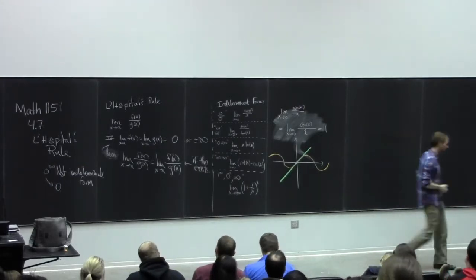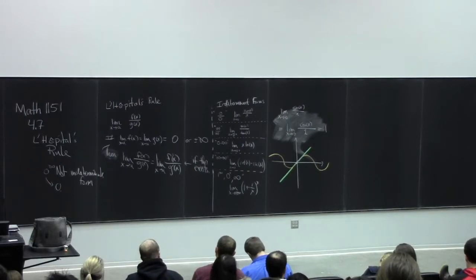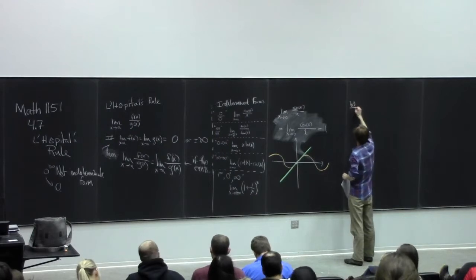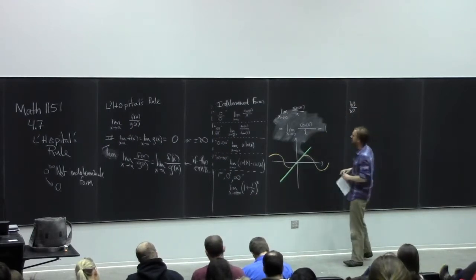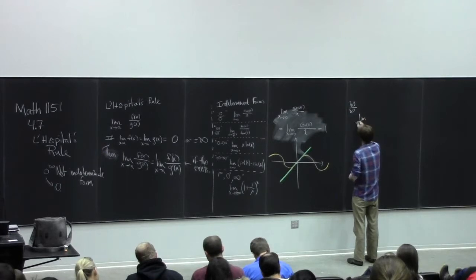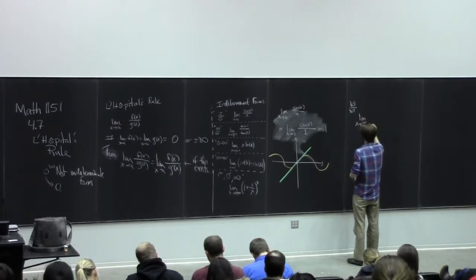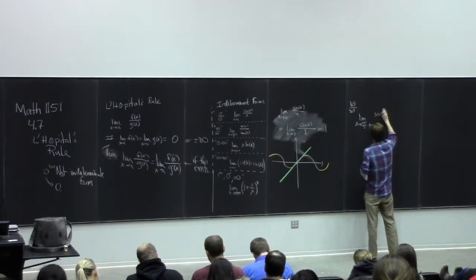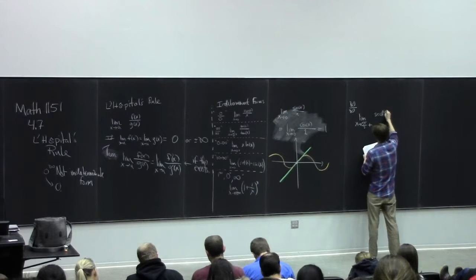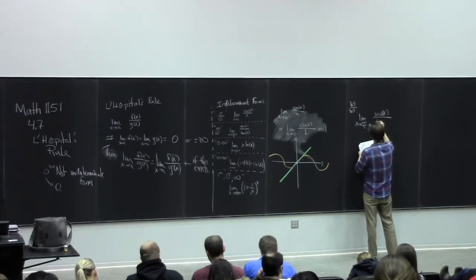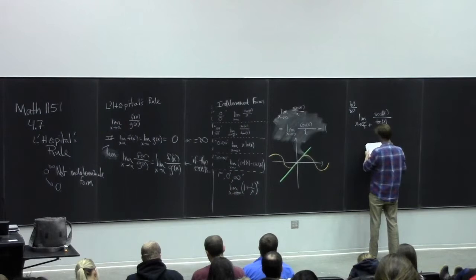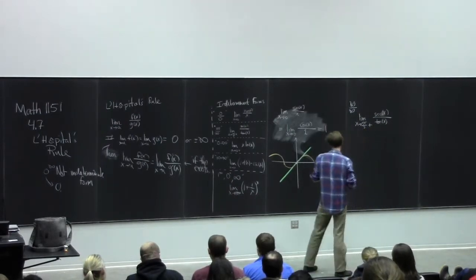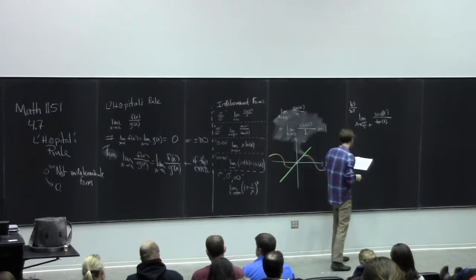Okay, so now let's do the next one. Let's do the infinity over infinity one, where it's the limit as x goes to pi over 2 from the right of secant of x all over tan of x. Okay, in this case, let's see.